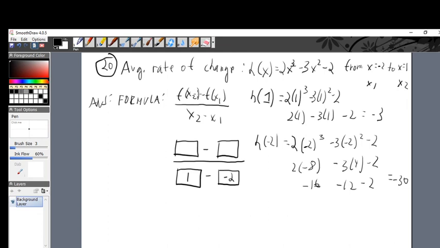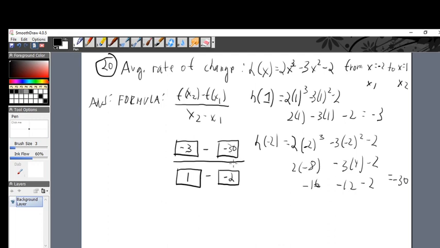Okay, f of x2, right? This was x2. X equals 1 was x2. So is this one, which is -3. It goes in this box. F of x1, what's x1? X equals -2. So that's when we put -2 into the function, and we got -30 out of there, is this box. What's -3 minus -30, right?